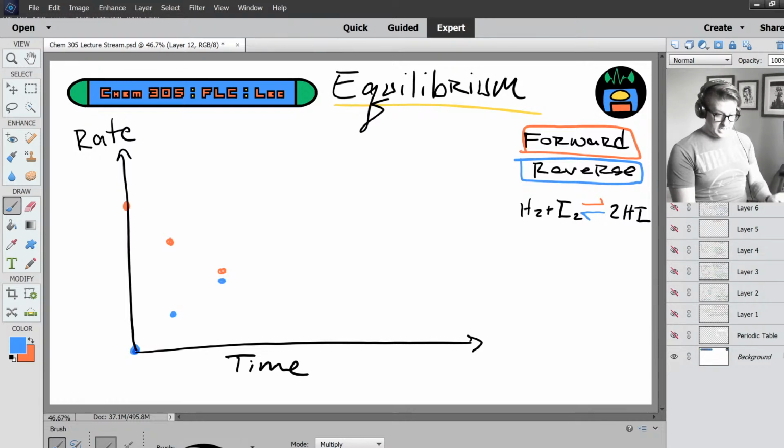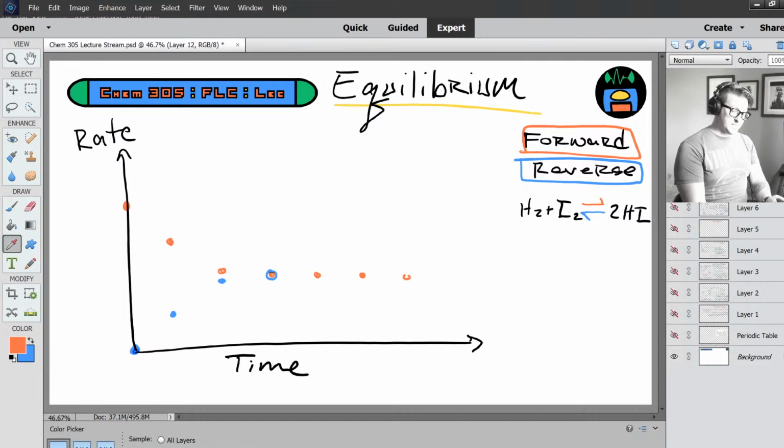And eventually, they hit one magic point where the rate of the forward reaction and the rate of the reverse reaction are the same. And for every point from there on out, the rates will be equal.